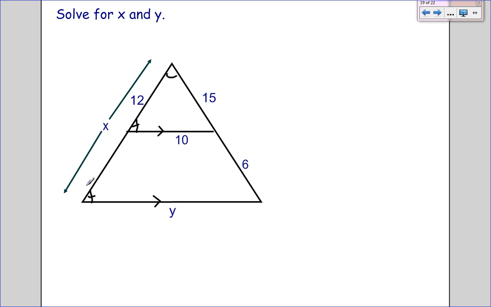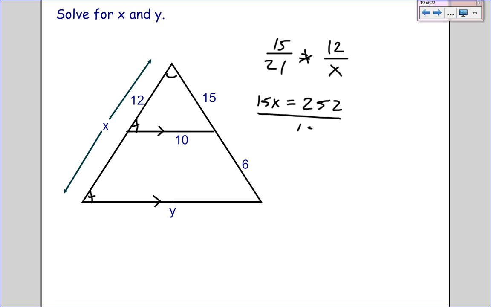So x is the whole side, y is the bottom. So let's start with 15 over 21, because remember, we have to do the whole side, not just a piece of it, equals 12 over the whole side here, x. Well, cross multiply, so 15x equals 252. Divide by 15.